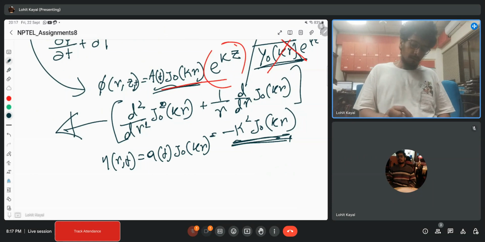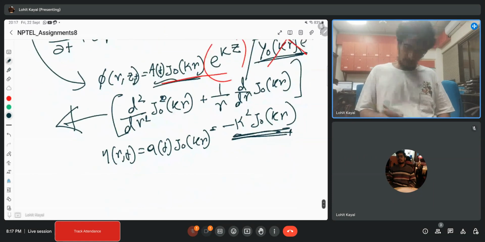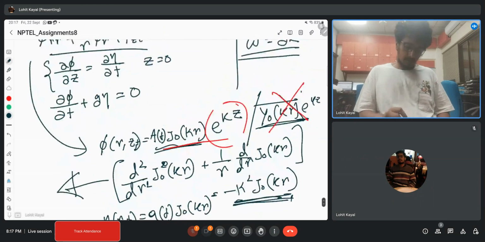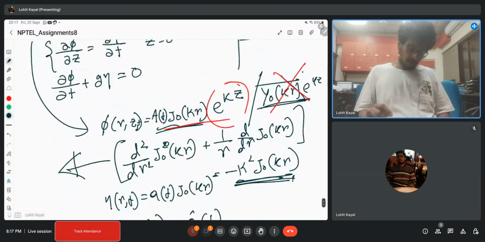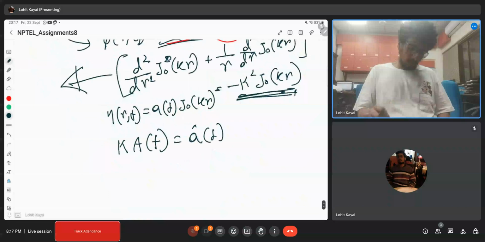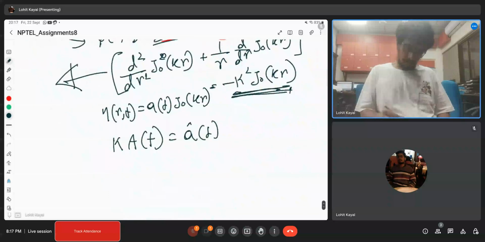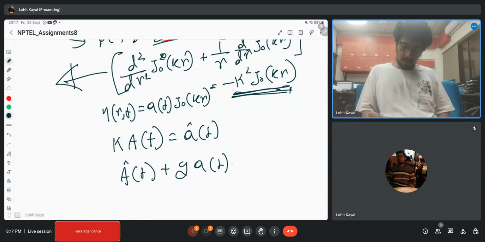Now from the first equation, I will get k times a t is equal to del eta del t, which is a dot. And from the second equation, I get del phi del t, that means a dot t plus g into a of t is equal to 0.